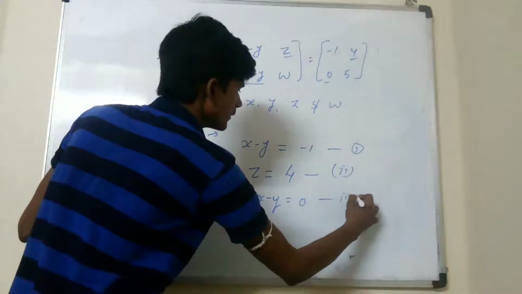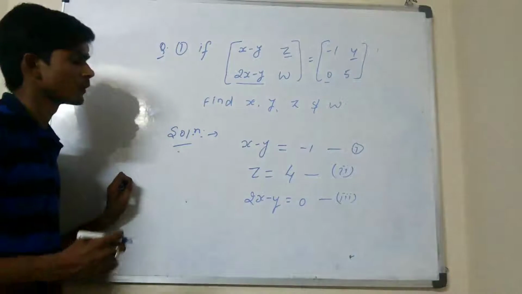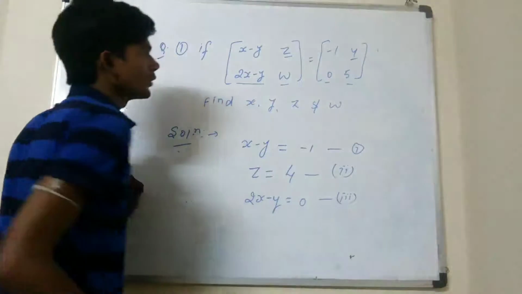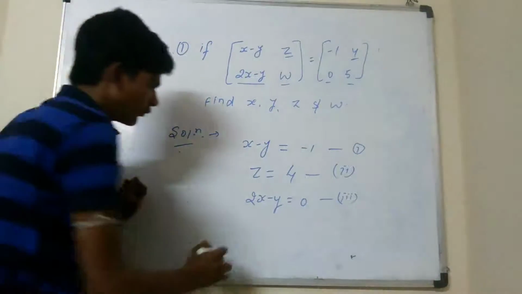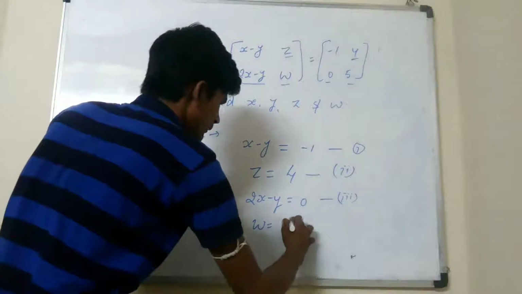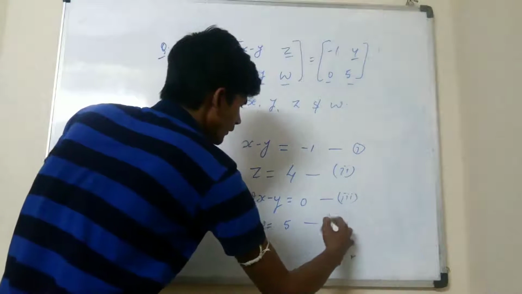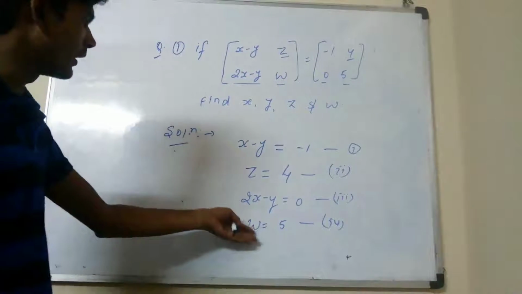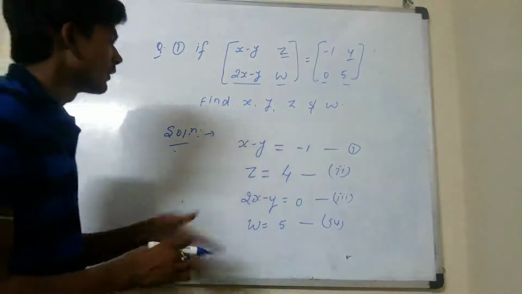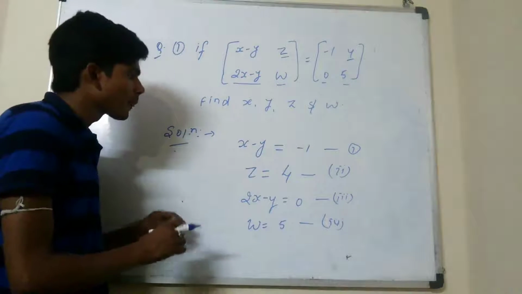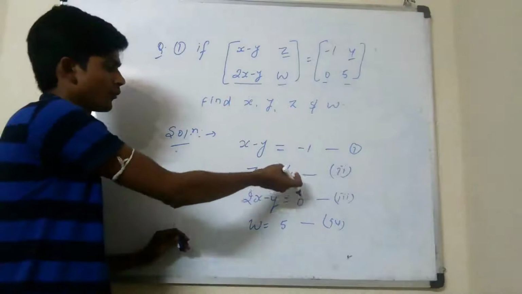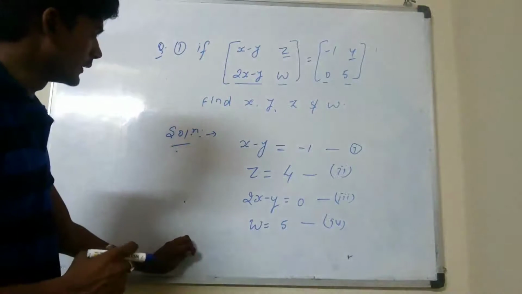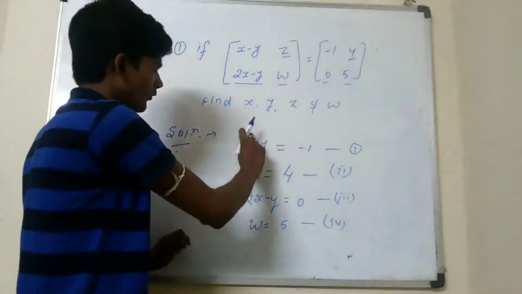This is equation 3. And w is equal to 5. This is equation 4. So z and w are already solved: z equals 4 and w equals 5. Here we only need the values of x and y.